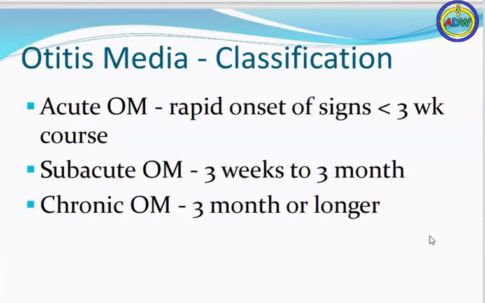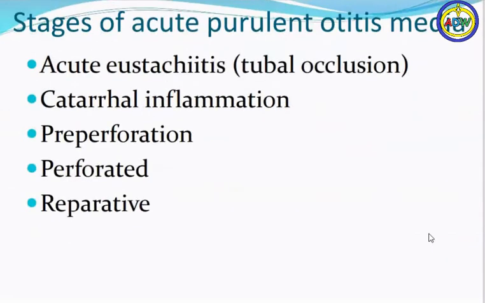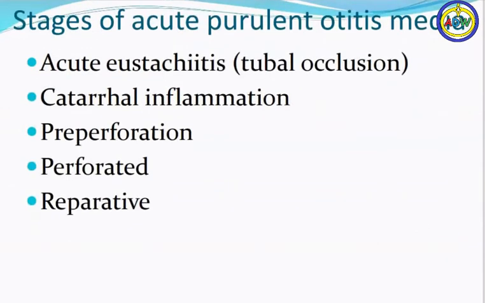Okay. Next, what about the stages of acute purulent otitis media? The first stage: we said the most common route of infection is via the eustachian tube.